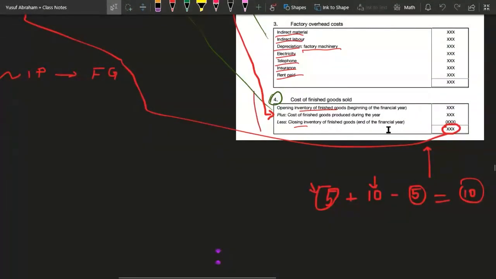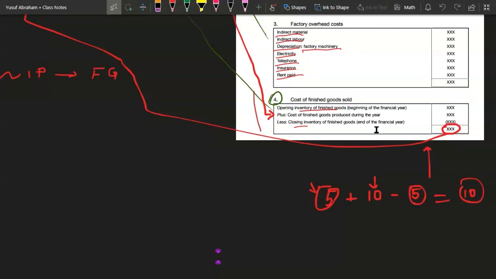Do you see that? So now we know what was produced but was not sold. So that will give us exactly what we have sold.